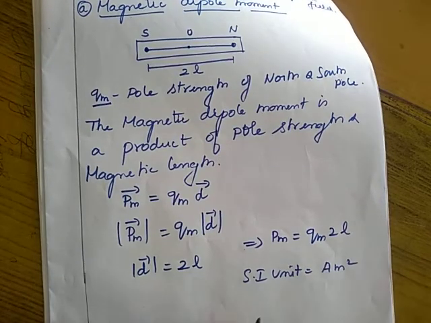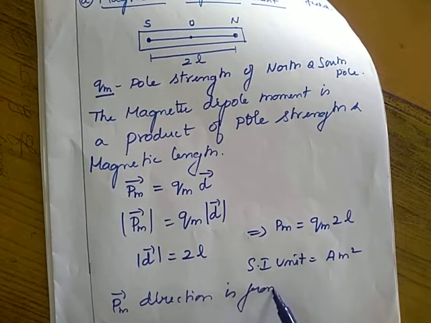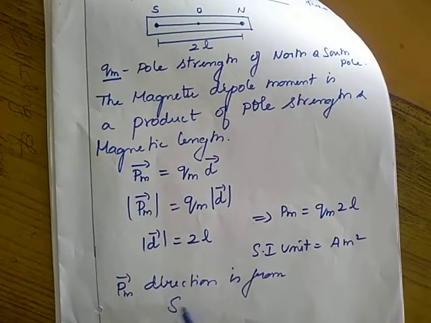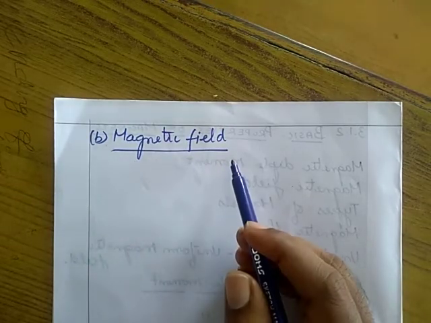Then the direction of the dipole moment is from south pole to north pole, south to north.